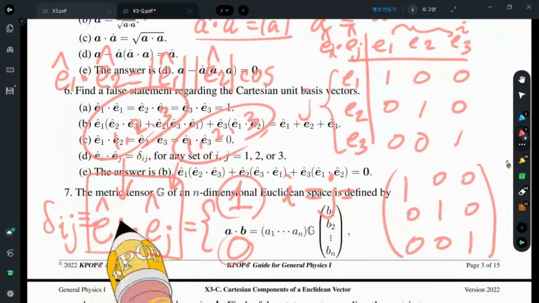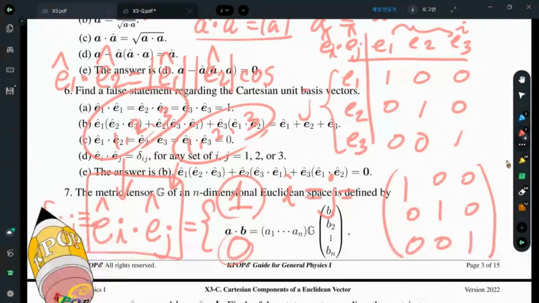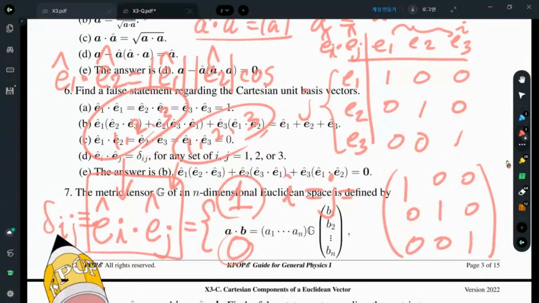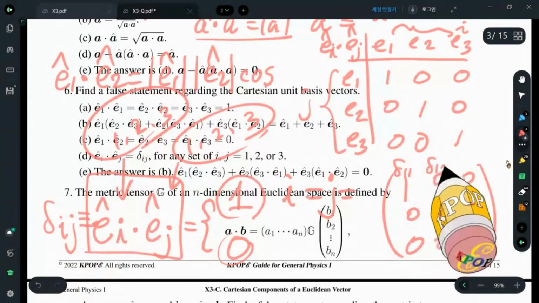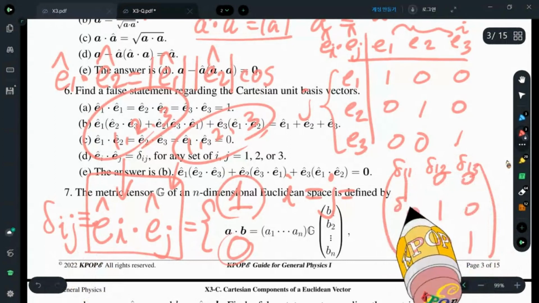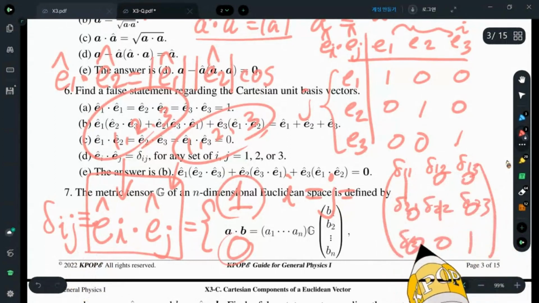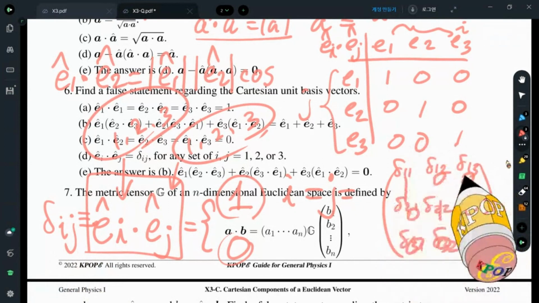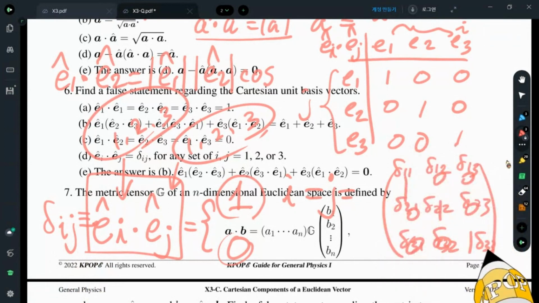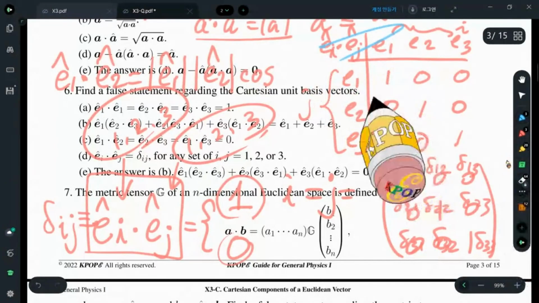It's difficult to write, so simply we write this as delta ij, and the collection of delta ij's means delta 11, delta 12, delta 13, delta 21, delta 22, delta 23, delta 31, delta 32, delta 33.